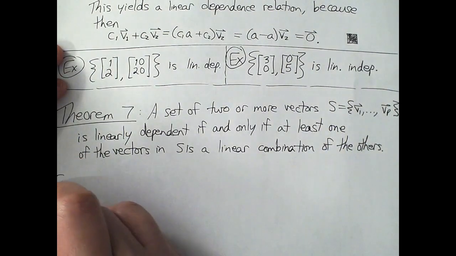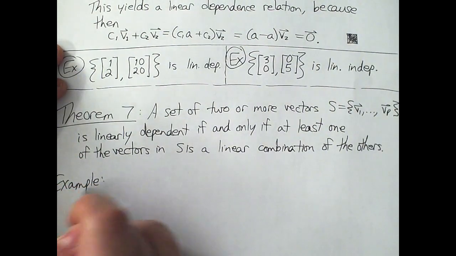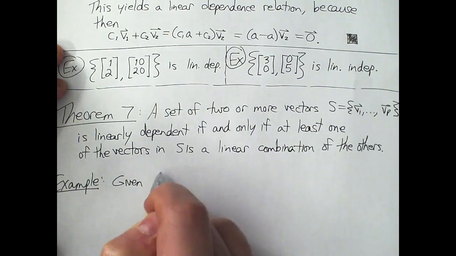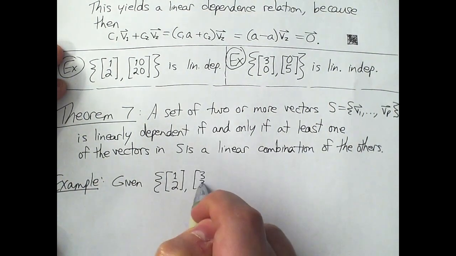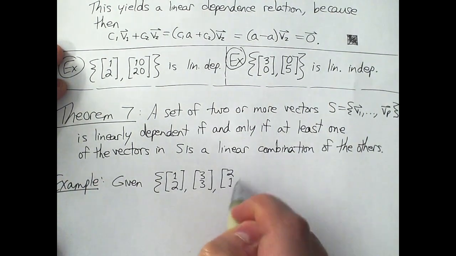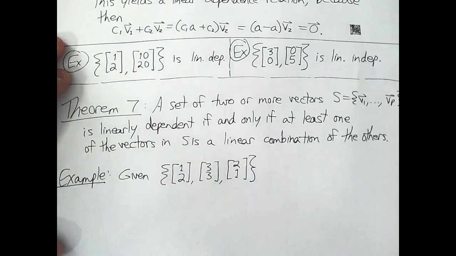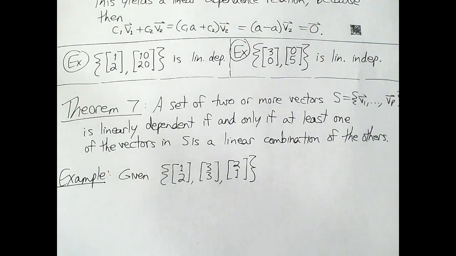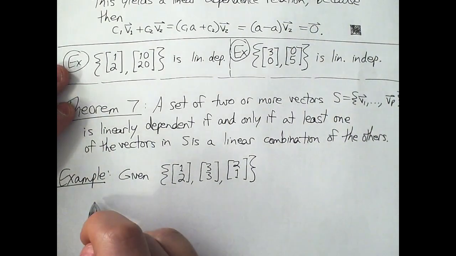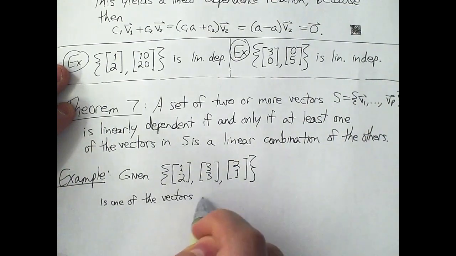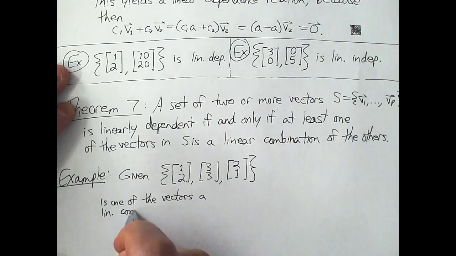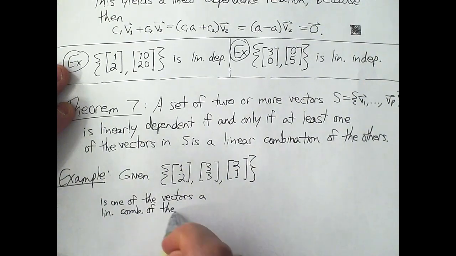What I would rather do instead of proving this is show you an example of using it. So let's say we're given a set that has 3 vectors. I'm not going to write it all out, but let's just say the question is: is this set linearly independent or dependent? So here's a question. Is one of the vectors a linear combination of the others?